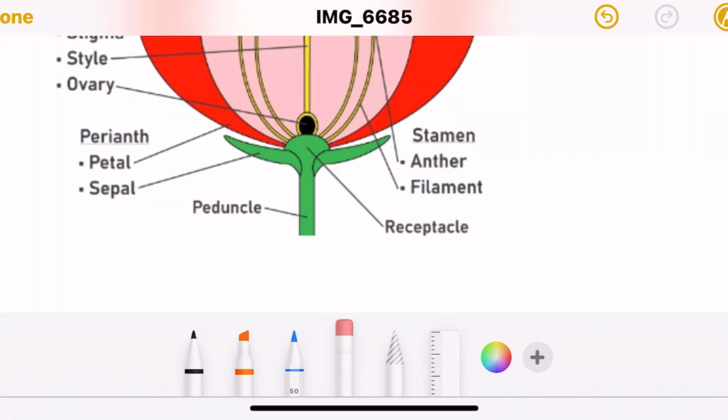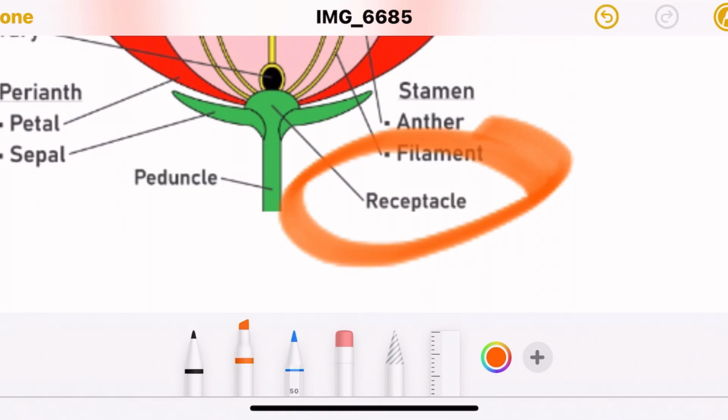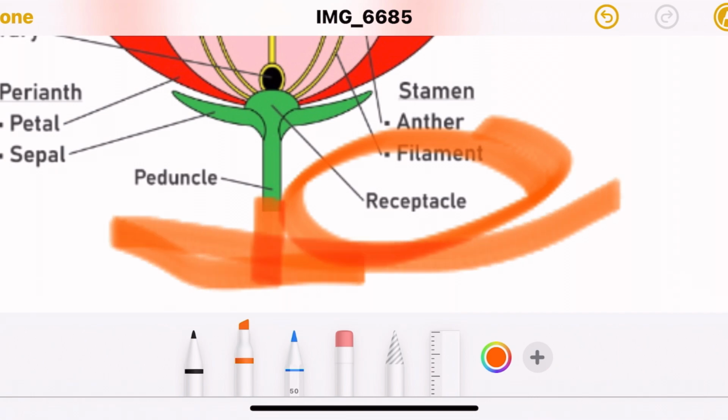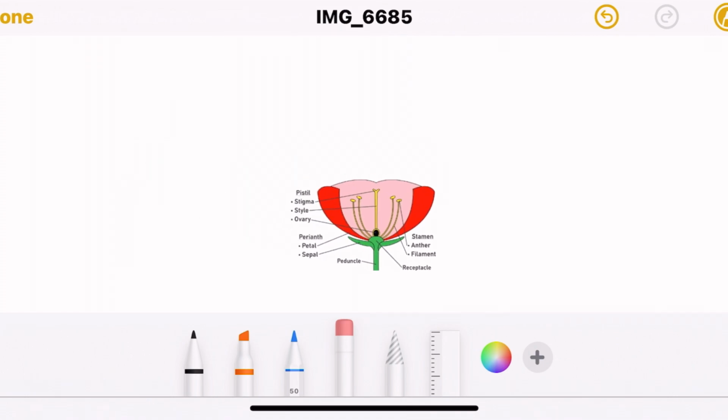These are the pedicel and the receptacle. They are not as such in your syllabus, but they are there to hold the flower on its stalk, its stem. They are not as important, just there for holding and supporting the flower.